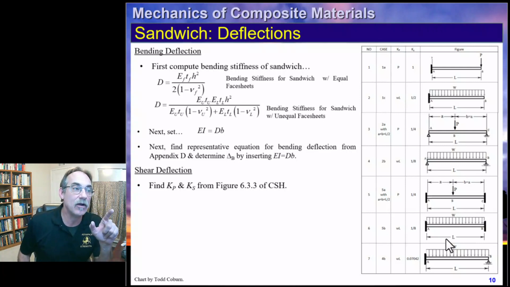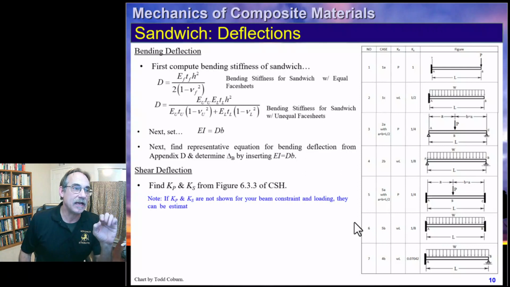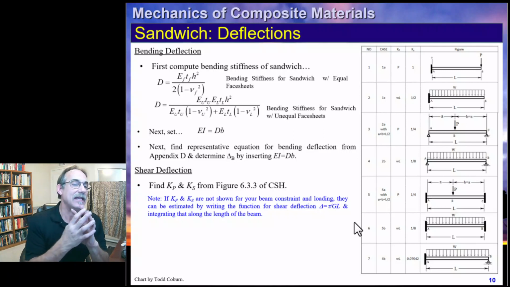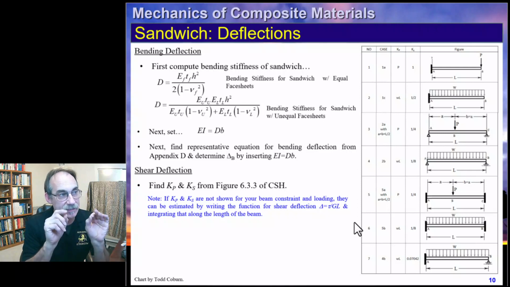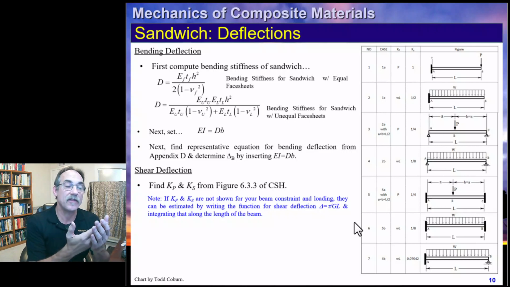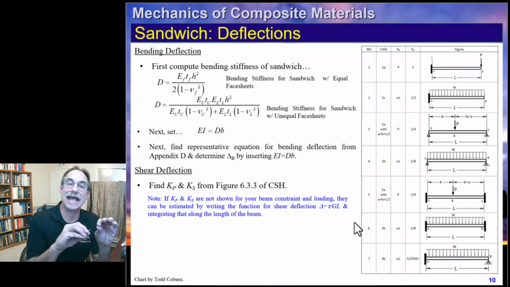If you can find it here, you can grab the two parameters and plug them into the equation I'm about to give you. Now, if you can't find your beam constraint and loading here, then you have to actually calculate your own Kp and Ks. That's a little harder, but it goes back to the idea we saw in our third lecture of Stress Analysis 1. We saw that the shear deflection was just the shear stress divided by GL.